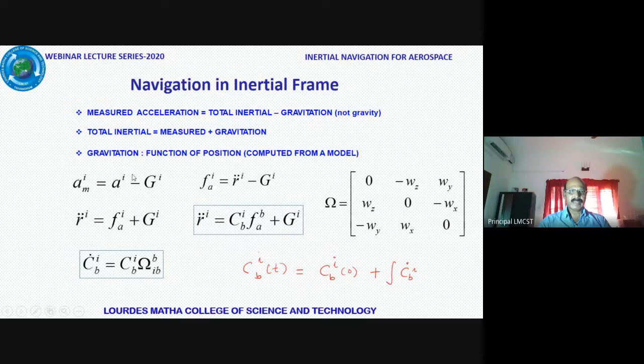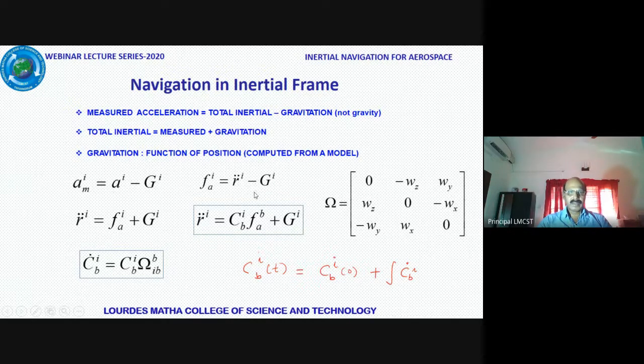And that stands for the same symbol I put here. What is this total inertial acceleration? If I had a position vector Ri, then R double dot I is the total inertial acceleration. So it's straightforward, and this minus Gi is same as that.